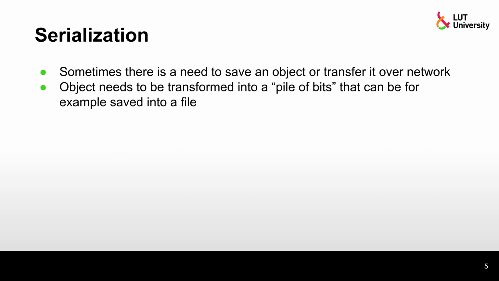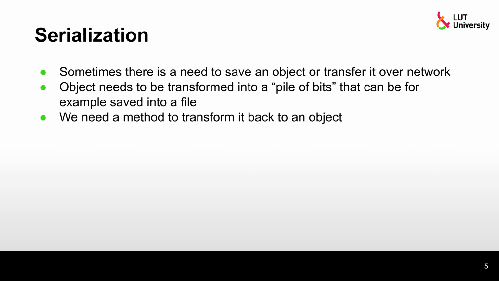They are not letters or words, they are just bits. And that can of course be saved to a file. And we need a method to transform it back to an object. So if we have a file that is just full of bits, then we need a way to transform that pile of bits back to the object, for example, a rocket.